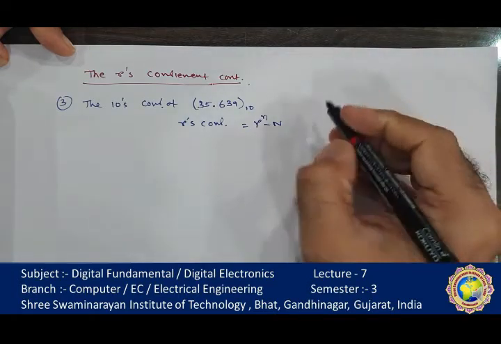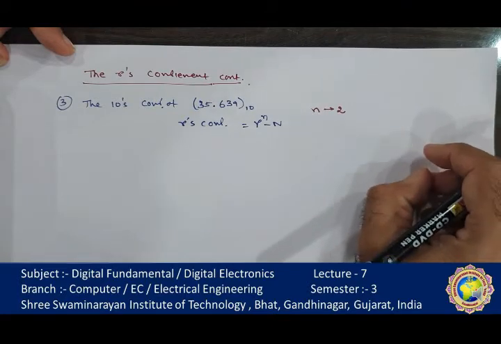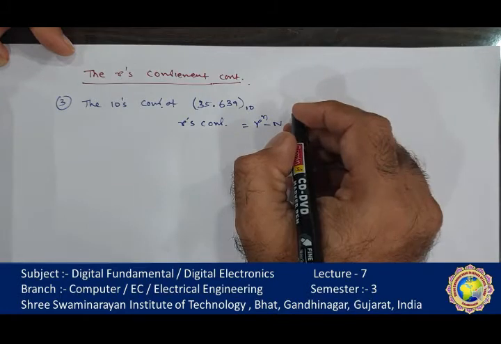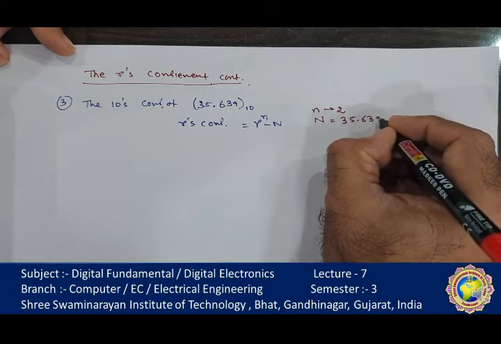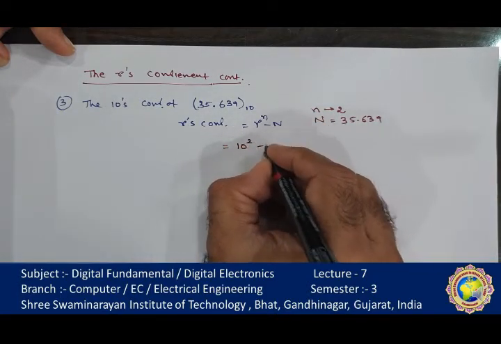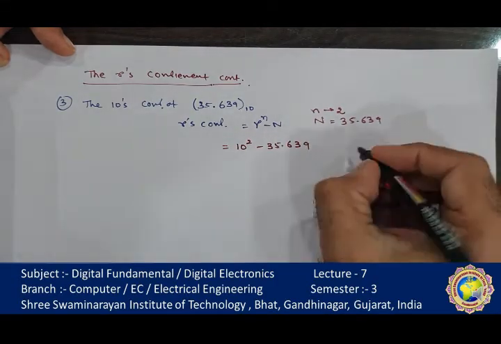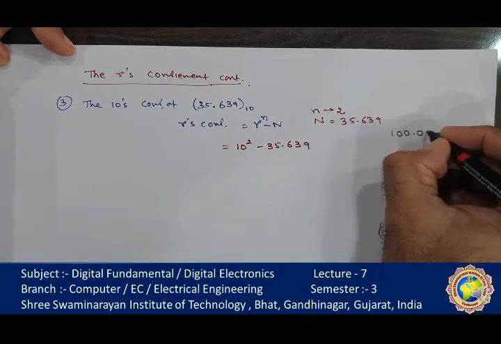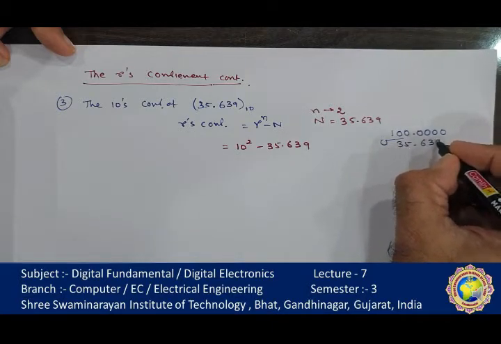In this case, the number of integer digits is 2, and capital N is 35.639. So this becomes 10 raised to 2 minus 35.639. We take the calculation: 100.000 minus 35.639.